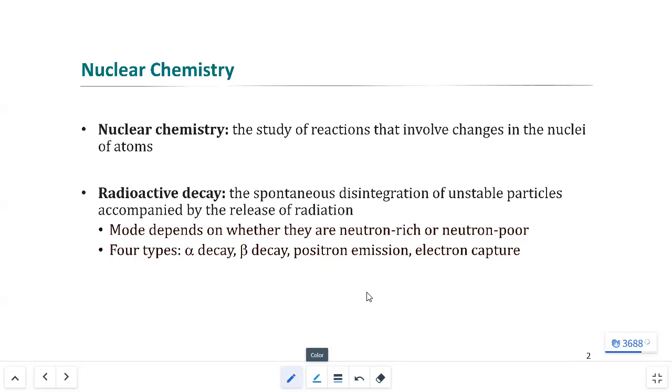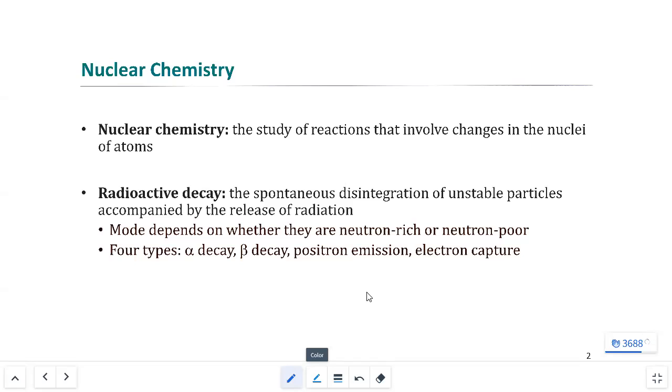And what is radioactivity? Well, radioactivity is the spontaneous breakdown of a nucleus caused by the lack of stability in that nucleus. And when that lack of stability comes about, when that nucleus degrades, what we will see are a couple of things.